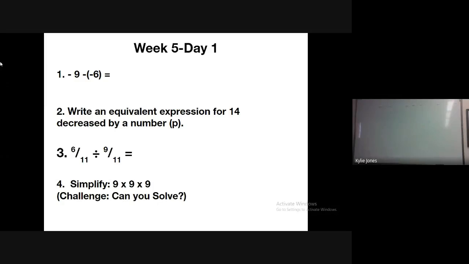Quietly. Yep, solve number 4, please, too.